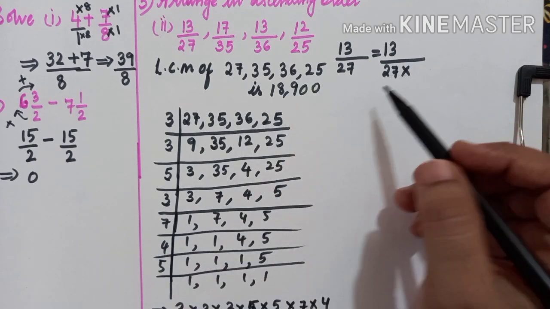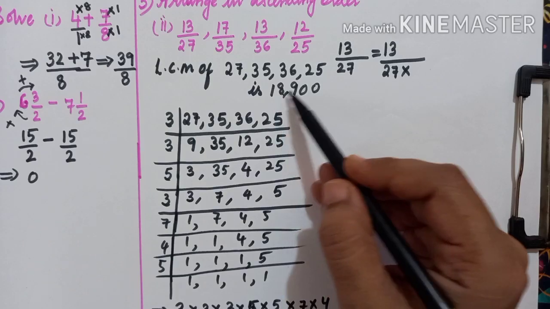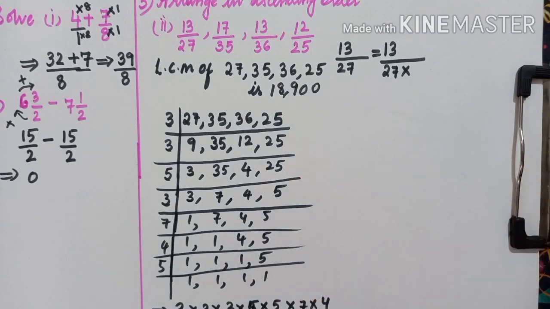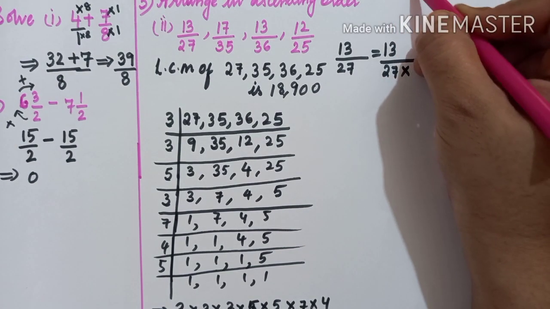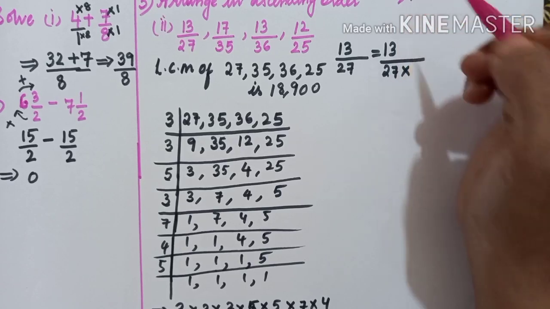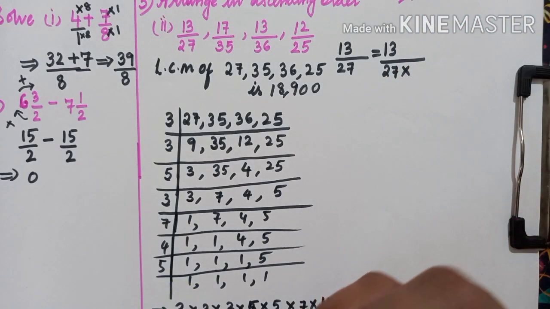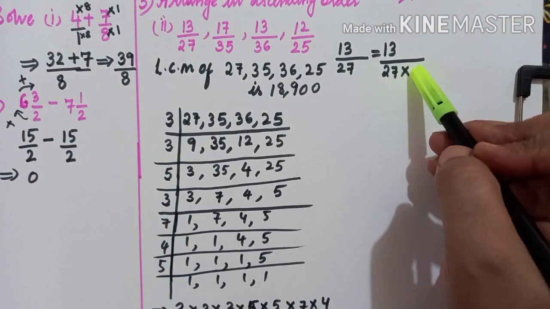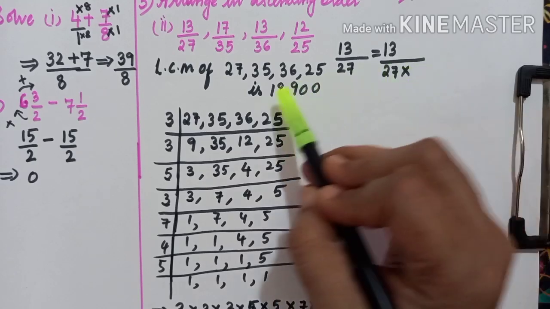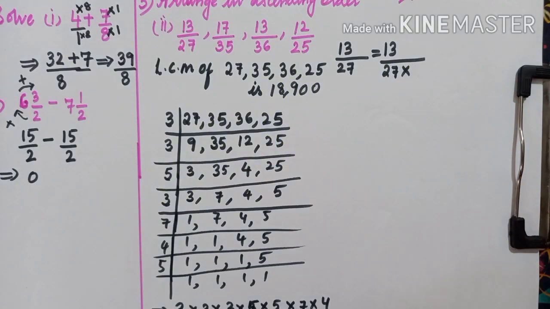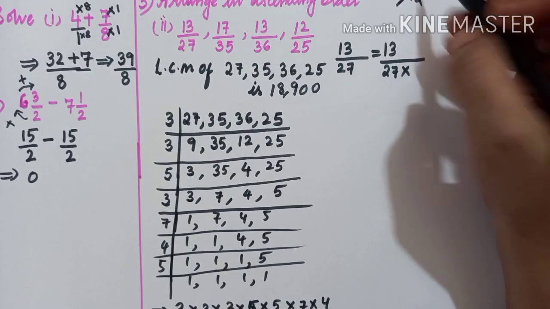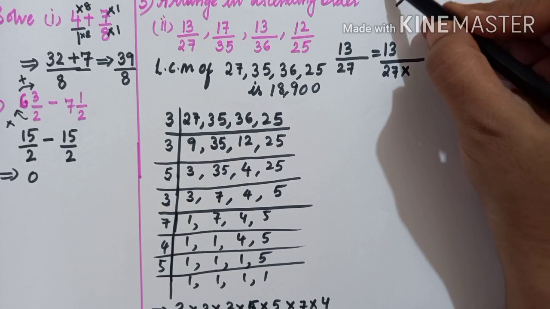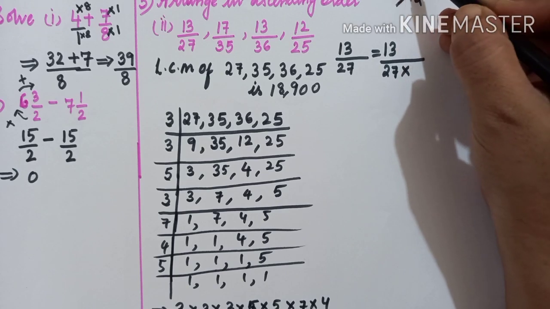Simply you just have to divide 18,900 by 27. Whatever result you get, you can multiply with that to get 18,900. So 27: 3 9s are 27, 3 6s are 18, 3 3s are 9, 0 0.